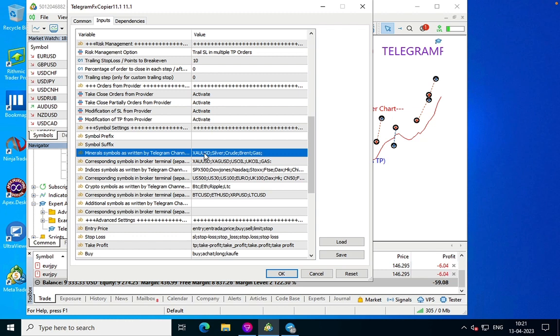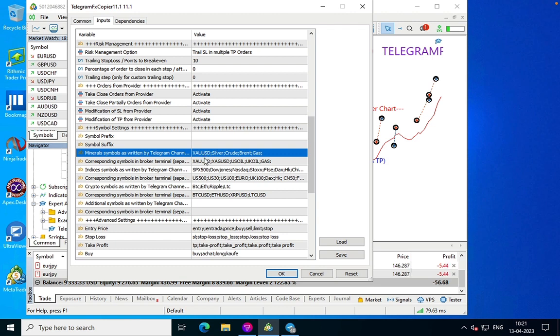And so if your provider uses the term gold, that's great. If your signal provider uses XAU USD or XAU/USD or hashtag gold or any version of that symbol that is different than what you have here, you're going to get an error. Okay? So you need to take a look at your provider and make sure that you are putting in the terms that they're using here in this field, mineral symbols.